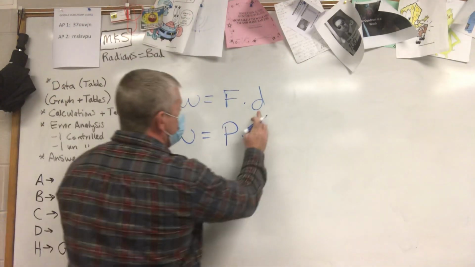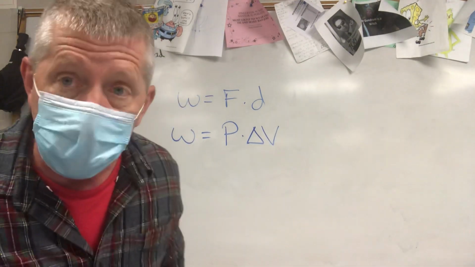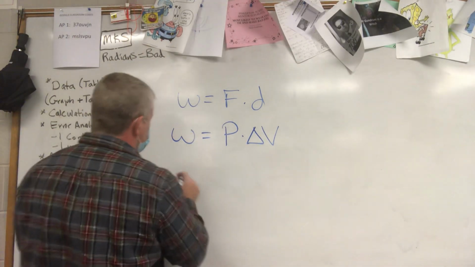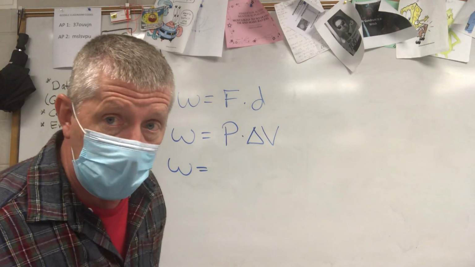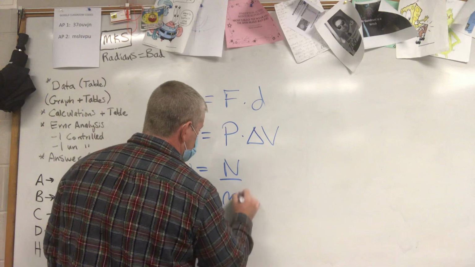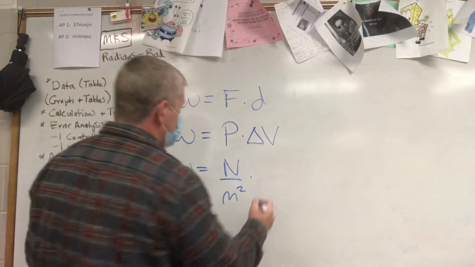So instead of distance, we use change in volume. With me so far? Okay. So work is equal to pressure, which we all remember is newtons per square meter, times volume, which is in cubic meters.